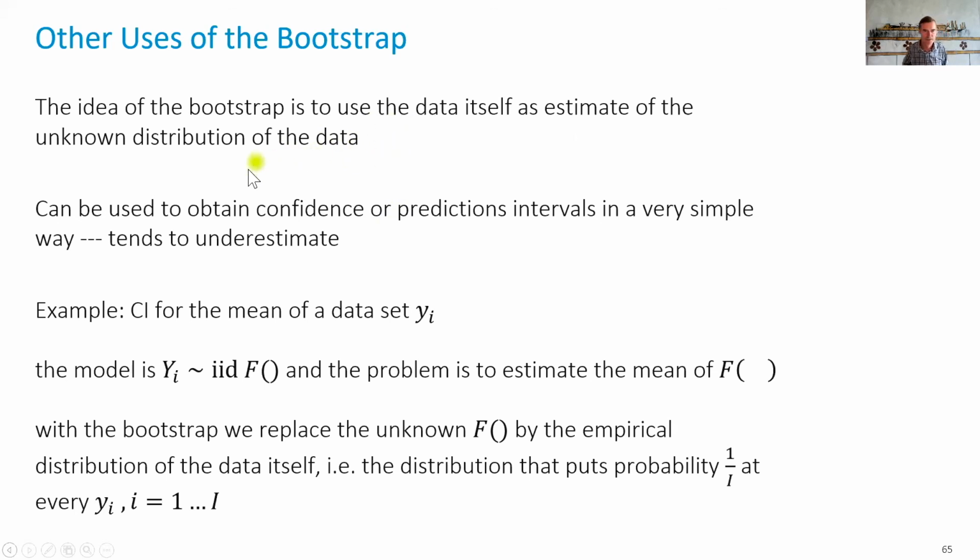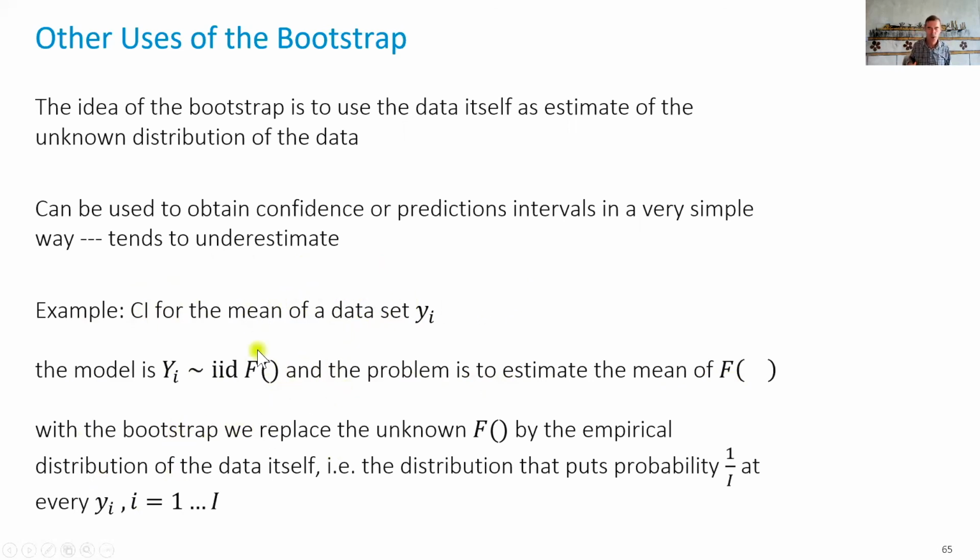For example, if we did not know the formula for the confidence interval for the mean, we could apply this method. Of course, nobody does that, but as a thought experiment, it's a good idea to do it once in your life. Assume you want to compute the confidence interval for the mean of a data set yi. So the model is y is identically distributed from some distribution f, and the problem is to estimate the mean of f. We don't know f, but we want to say something about the mean.